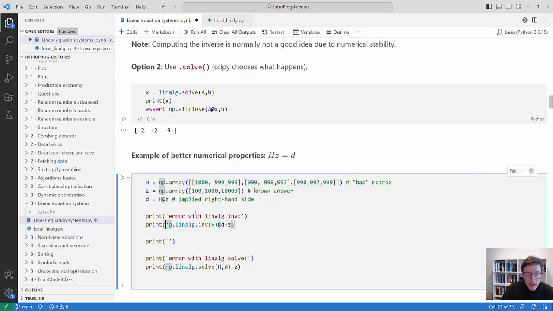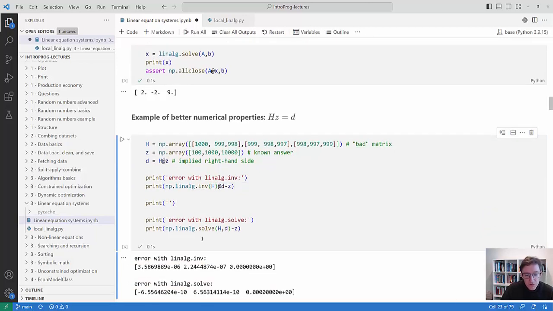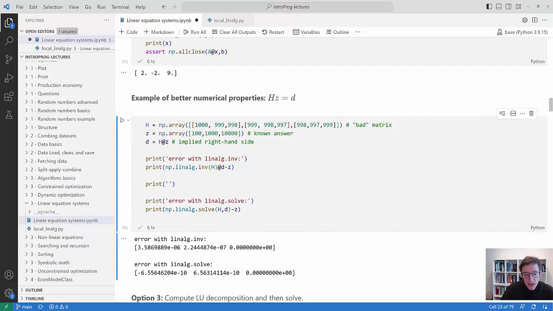So I do it either by taking the inverse of H and multiplying with my right-hand side, and then I subtract what I know to be the solution, or I do it with linalg solve. And if we do this, then you can see that we get rather large errors using the inversion, while the errors are much smaller when we use solve.